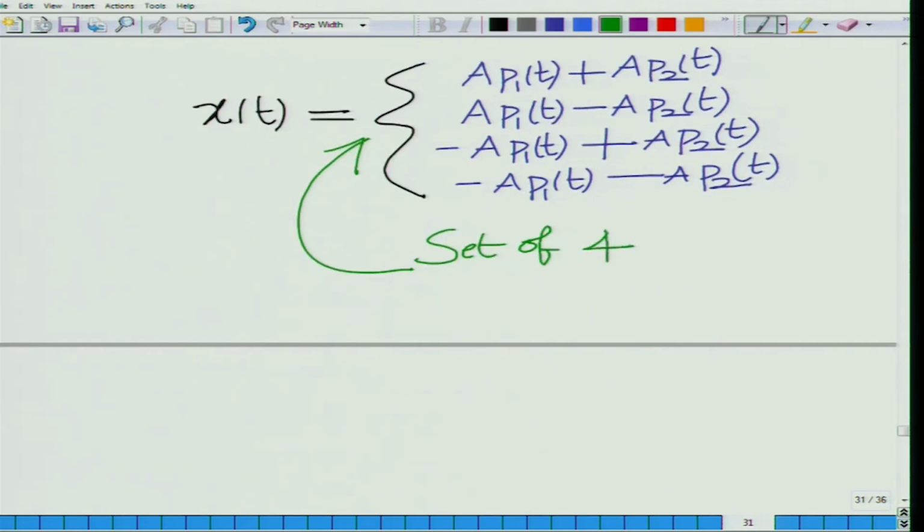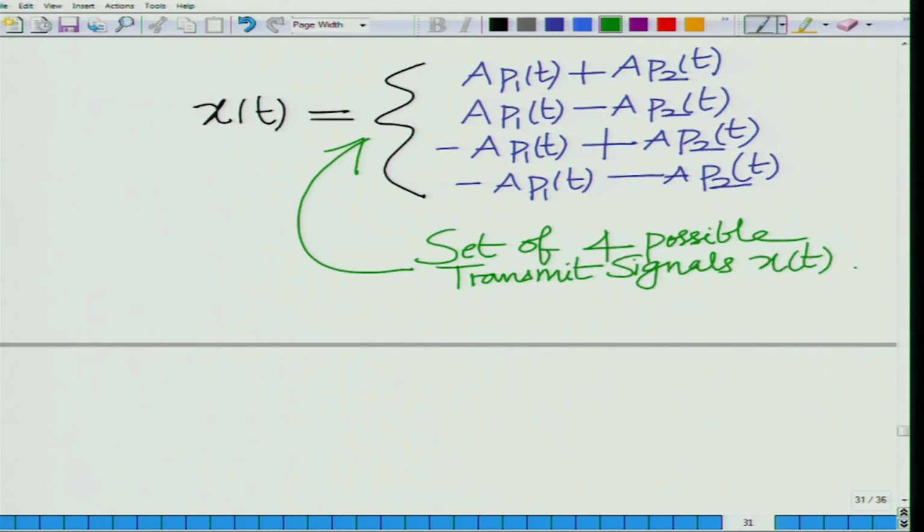Since each can be plus or minus A, we have a total of 4 possible transmit signals x(t). Okay. And this forms the basis of quadrature phase shift keying, QPSK. We are going to explore this further.